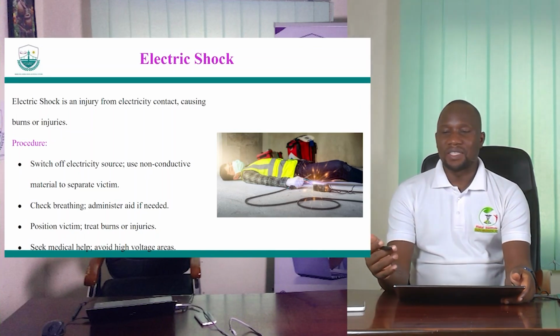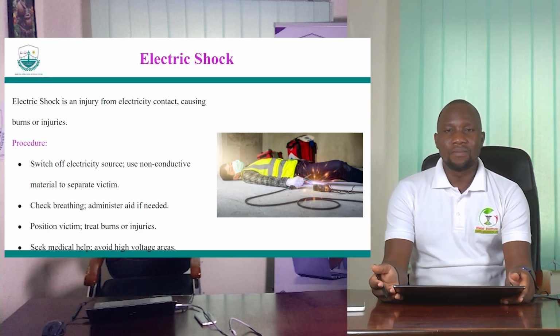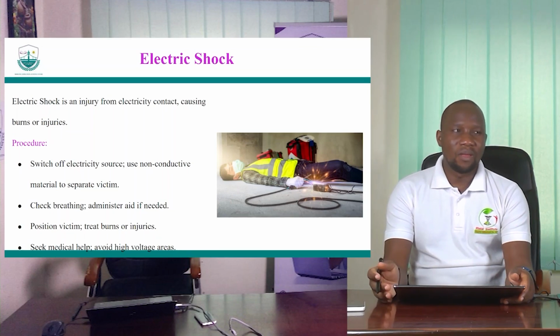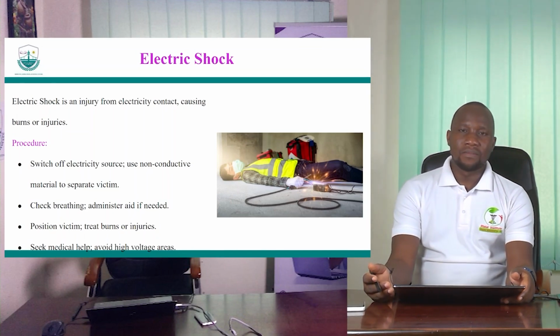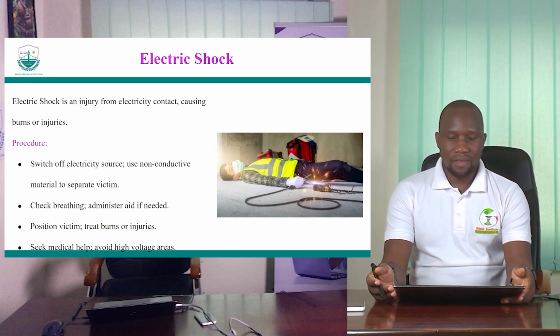If there are many wires around and you are not aware which one has electricity and which one does not, you can use something to move them. An insulator, okay? It could be wood, it could be something plastic that can allow you to move the person away. Don't use anything that can allow electricity to pass. Don't use any metal.